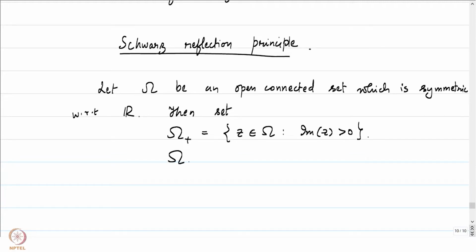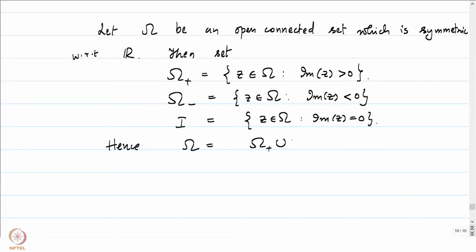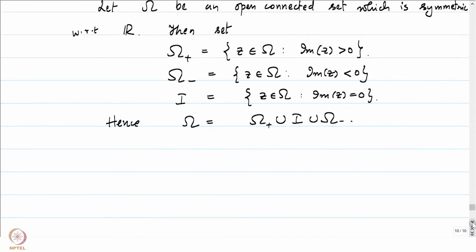Let omega minus be the set of all those points in omega whose imaginary part is less than 0. And let us denote by I the set of all those points in omega which are on the real line, imaginary part of z equal to 0. So then we have omega is the union of omega plus, I and omega minus. These are the notations that we will be using.